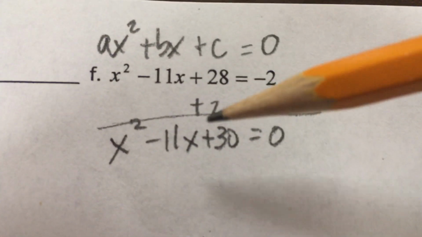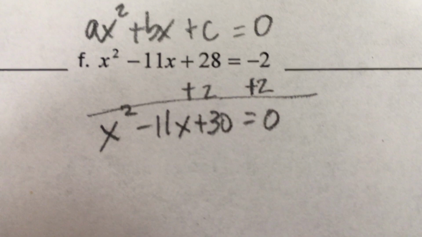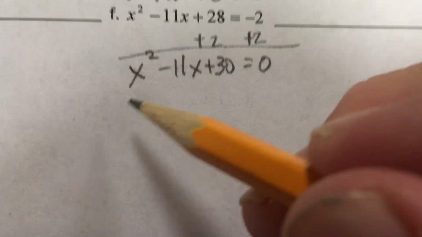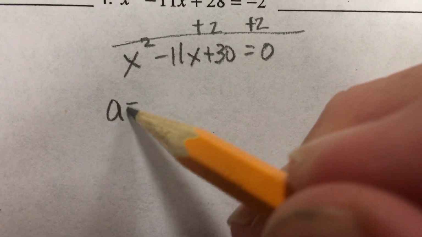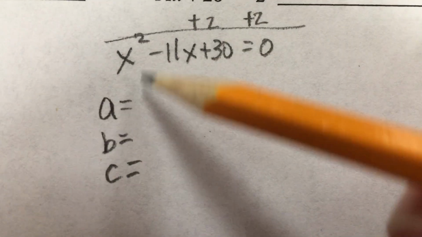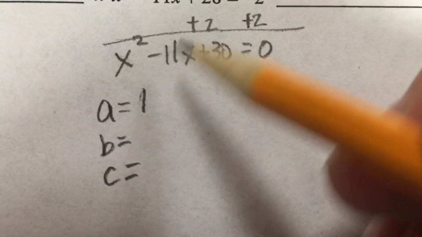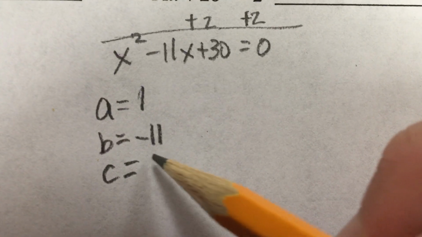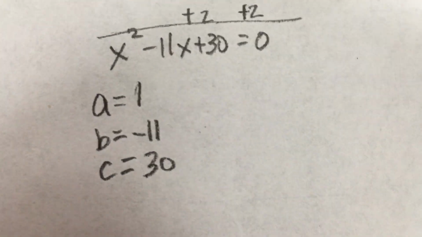And now that we have it in the correct form, we can do what we just did in the last problem and solve for it. First thing we're going to do is identify the A, the B, the C. A is 1, B is -11, C, the number by itself, or our y-intercept, is 30.